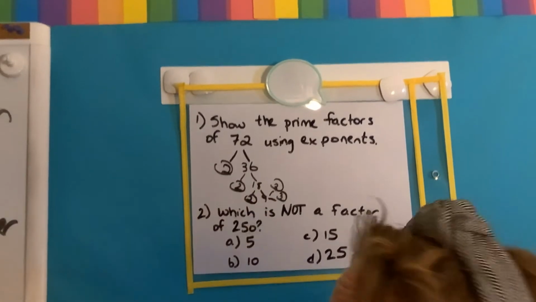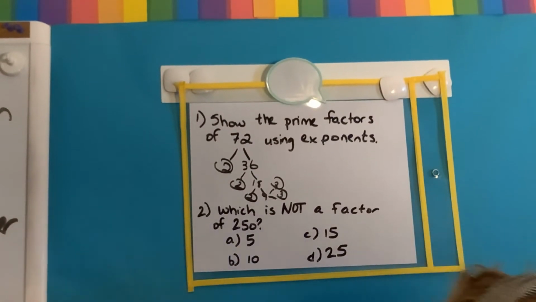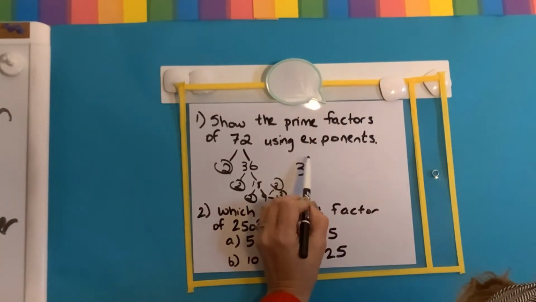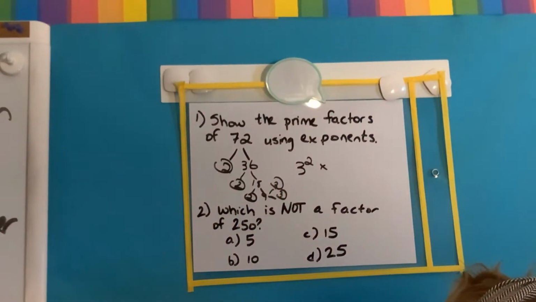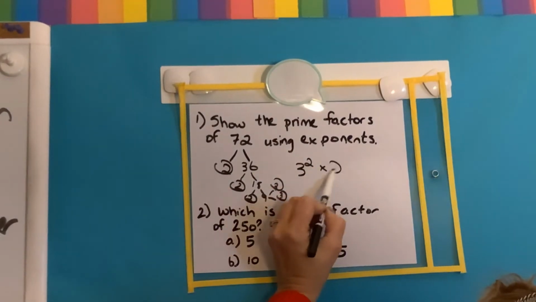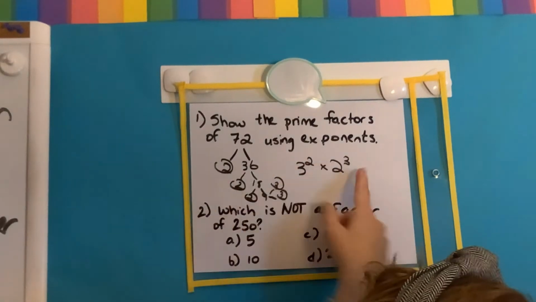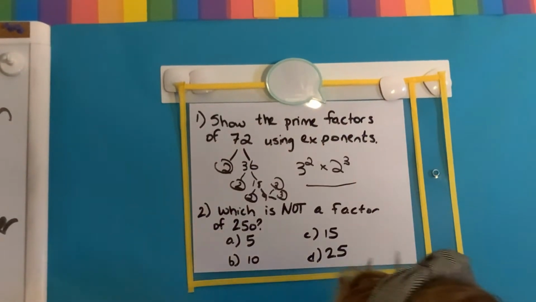This is horrible form. Don't copy me. But when we write these in exponents, remember we have 2 3s, so we have 3 squared times 1, 2, 3, 3 2s. So we would write it 2 cubed. So this would be your answer for number 1.